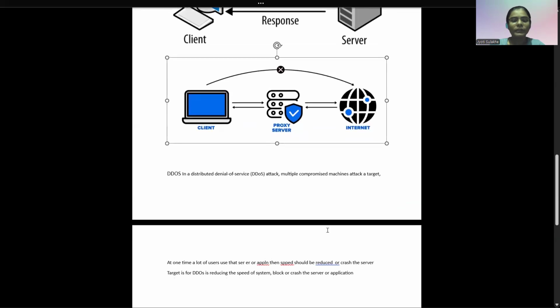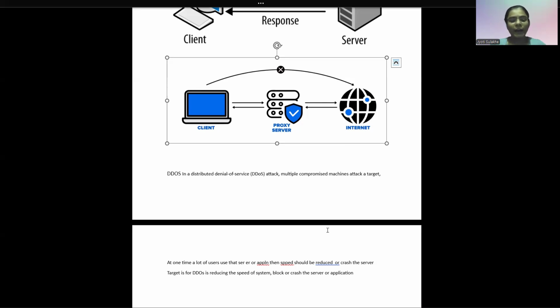And we have DDoS. Attackers or hackers also use DDoS, which is distributed denial of service. Attackers target one specific machine, server, or application, and attack it using multiple bots or multiple machines.